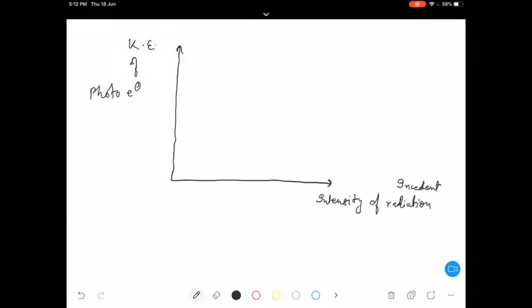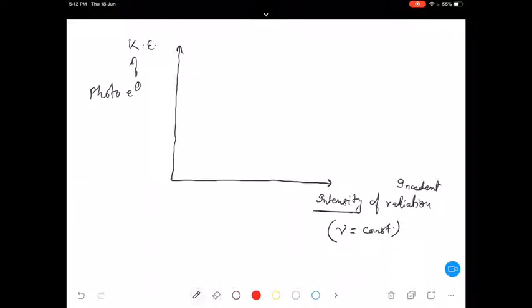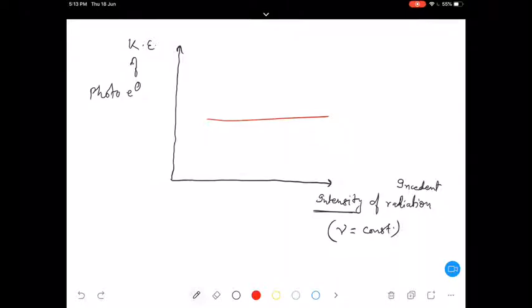In this case, frequency will be constant. So for constant frequency, this kinetic energy can have any value like this. No matter whether you are increasing or changing the intensity of radiation, kinetic energy will come out to be the same. Is that clear? Any confusion, any doubt? Don't get confused here.